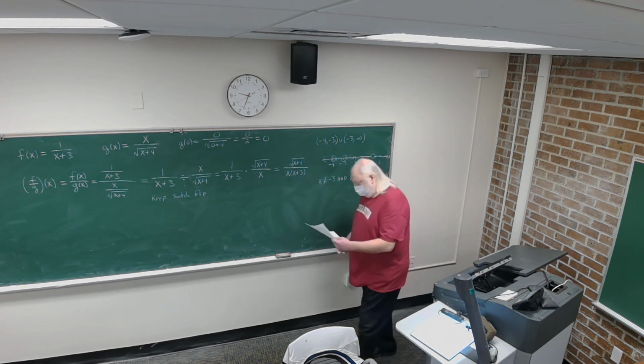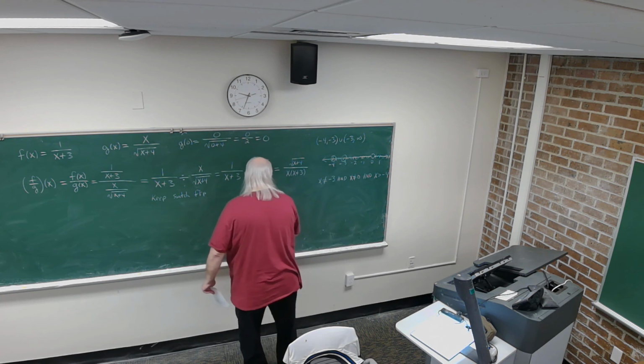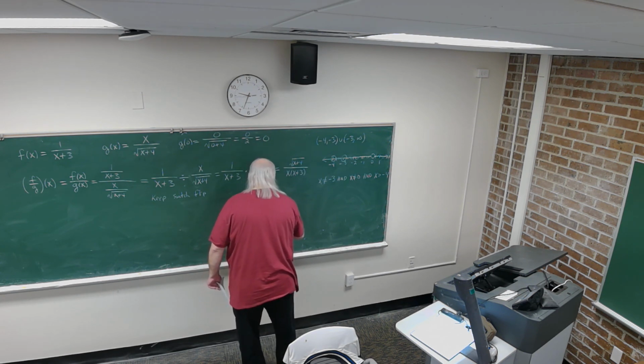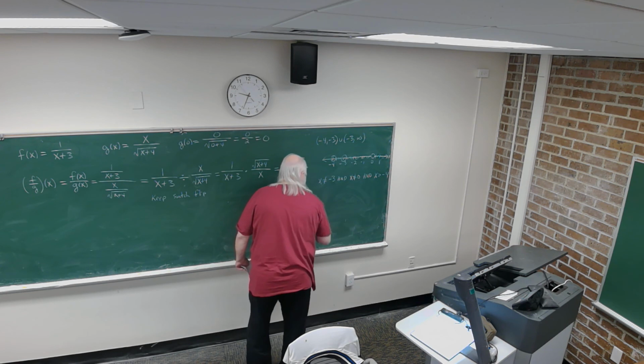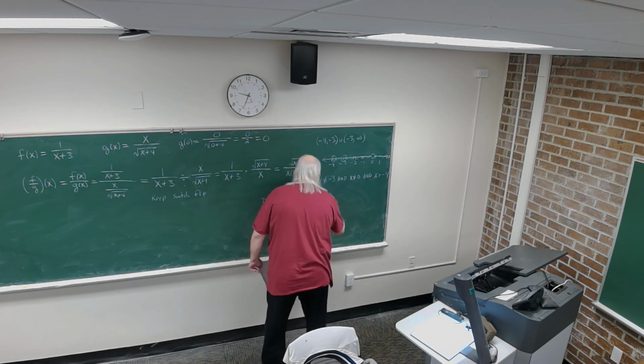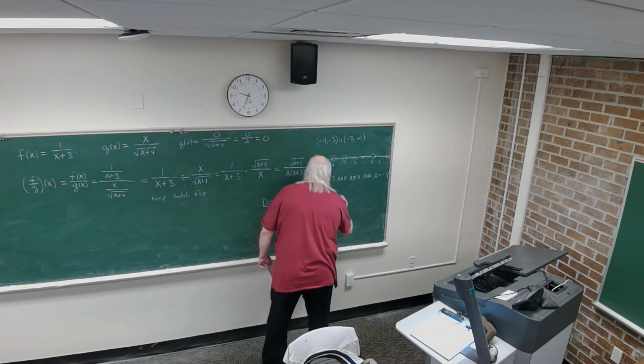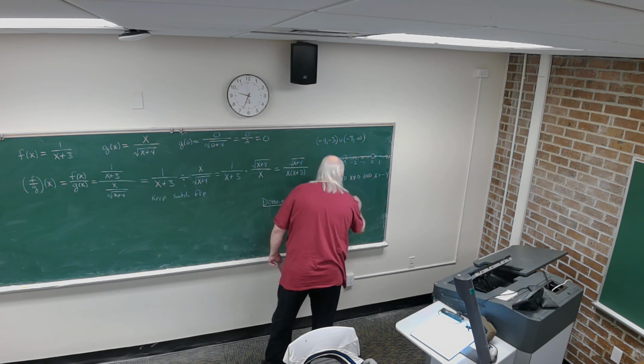And so in interval notation, the domain is minus 4 to minus 3, union minus 3 to 0, union 0 to infinity.